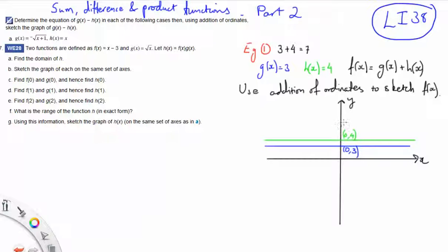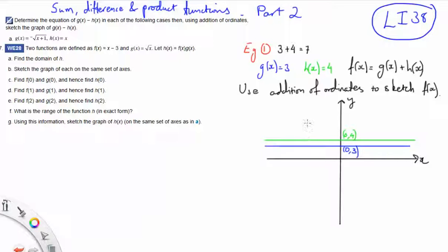Now it's saying use addition of ordinates to sketch f of x. Well, we've got g of x and h of x. Now we have to add each of the y values together to figure out how to get f of x. Well, let's see, that y value is 3, that y value is 4. So if we add them together, we're going to be at 7. So 7 might be there. That y value is 3, that y value is 4.